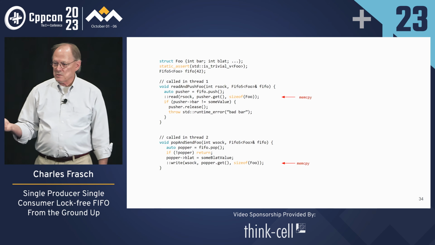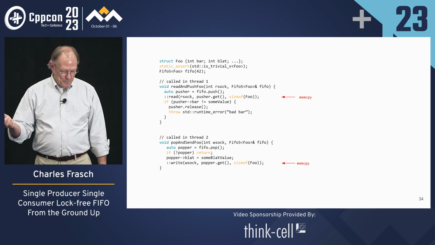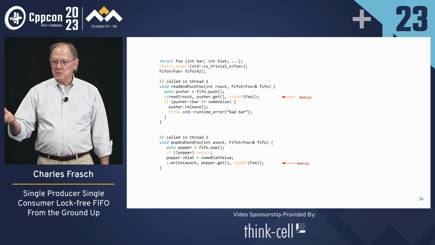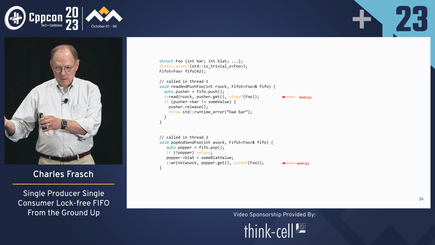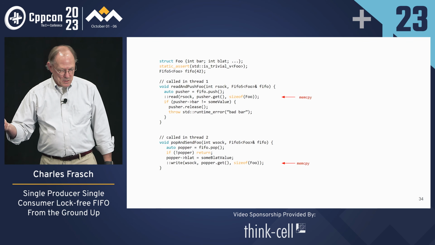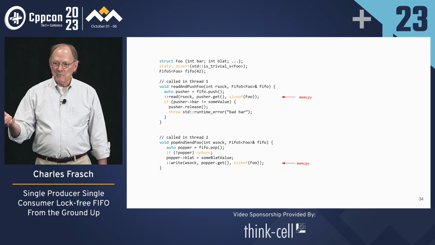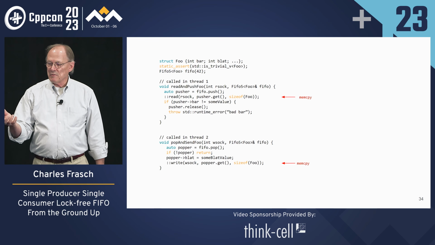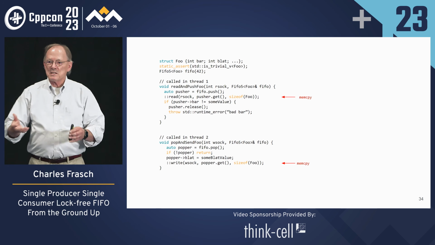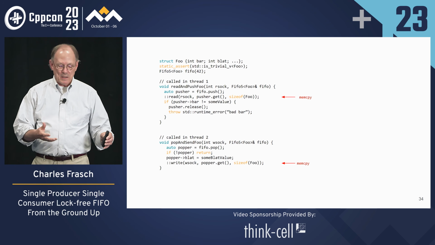We create a smart pointer from the FIFO that points to the element in the FIFO where the pop cursor points. We check that value, and if it evaluates as false, then that means the FIFO is empty and we don't need to do anything.